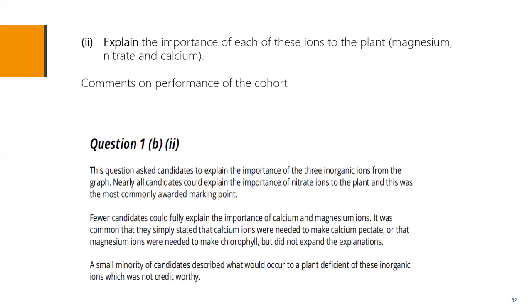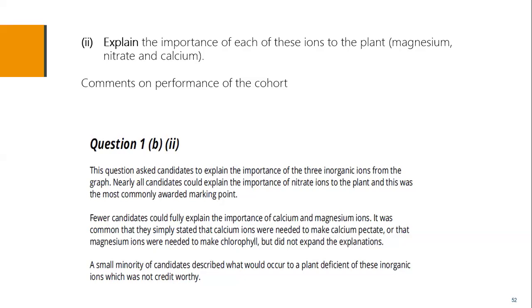So this is an example. The examiner's report has a comment on each question. The question in this case was, explain the importance of each of these ions to the plant. It says nearly all candidates could explain the importance of nitrate ions. Fewer could fully explain the importance of calcium and magnesium.